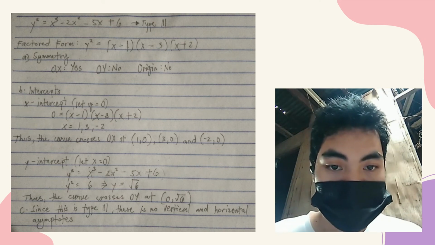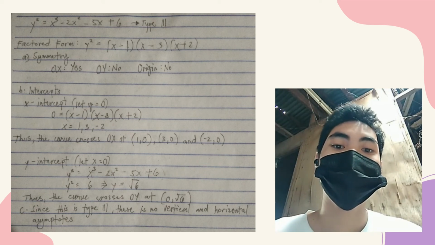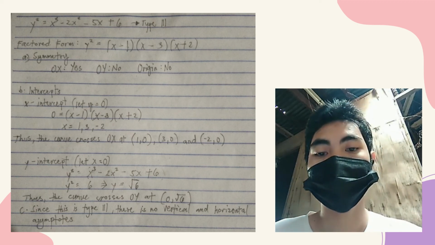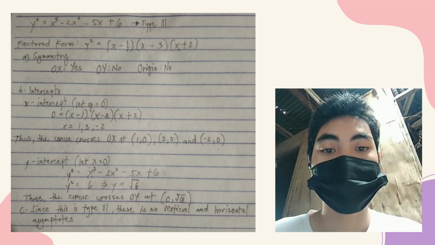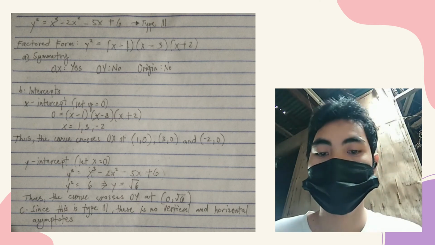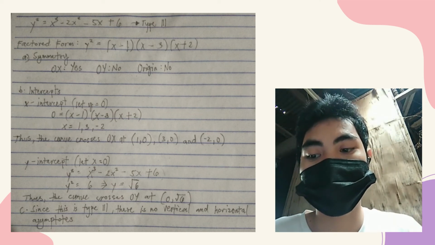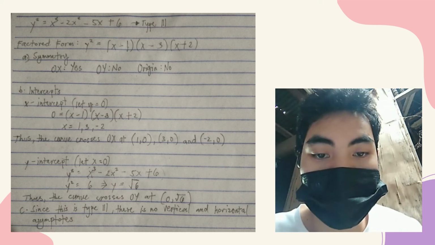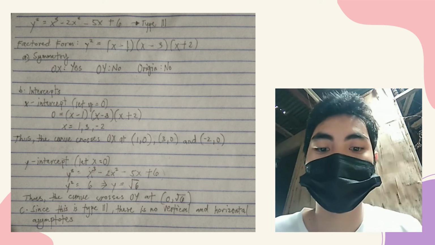And to simplify y squared is equal to 6, it will become y is equal to the square root of 6. Thus, the curve crosses the origin of y at point 0 and the square root of 6.